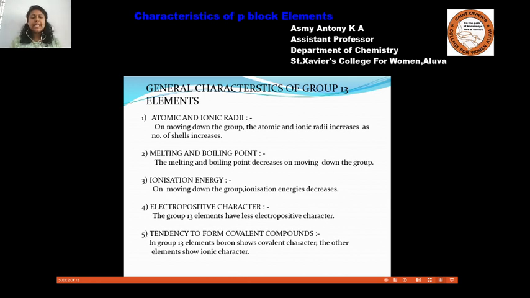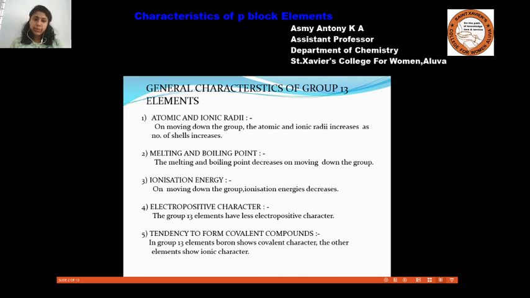Next property is tendency to form covalent compounds. Covalent compounds, you know that they are formed by the mutual sharing of electrons. So in group number 13, boron shows covalent character and the other elements show ionic character. What do you mean by ionic character? Ionic character is when an ionic compound is formed between two elements.